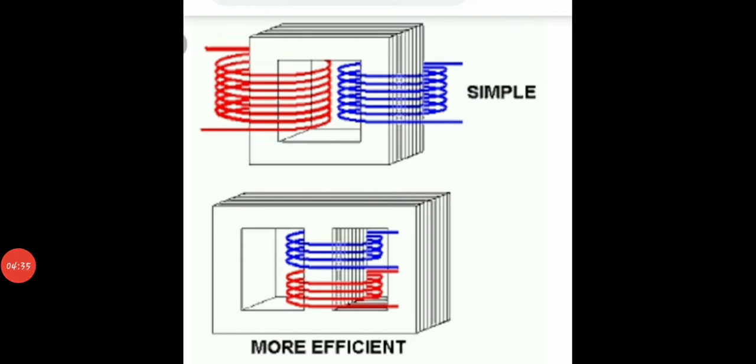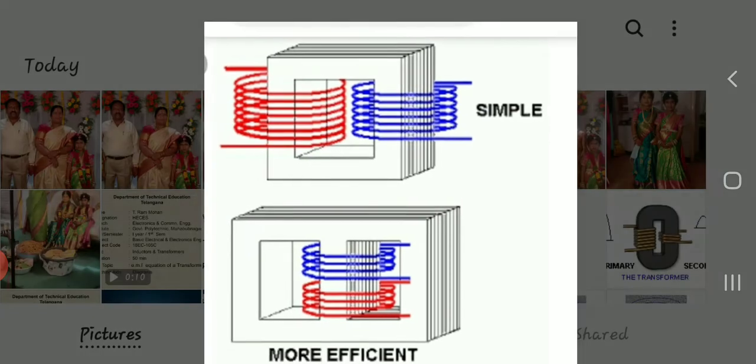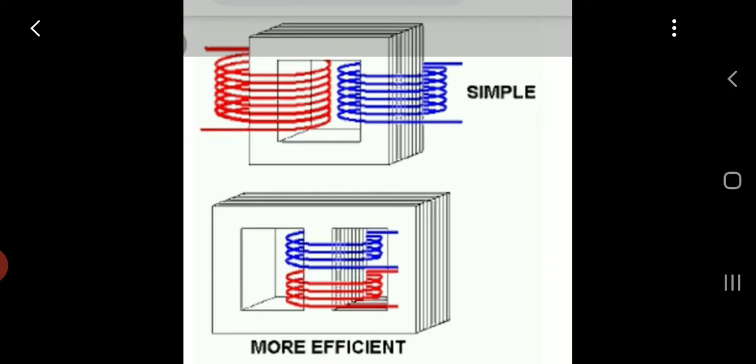We have seen two methods of magnetic flux linkages. The simplest form is this one, wherein the circuit is simple. You have only one magnetic flux linkage circuit, and the primary and secondary are only two arms.